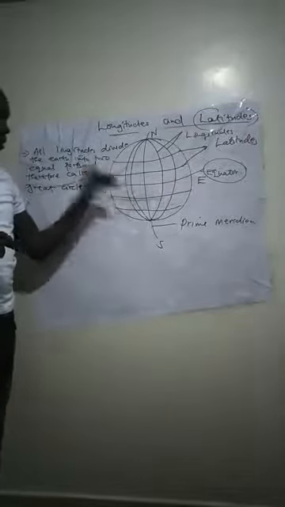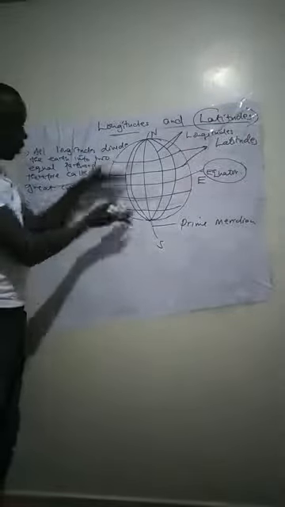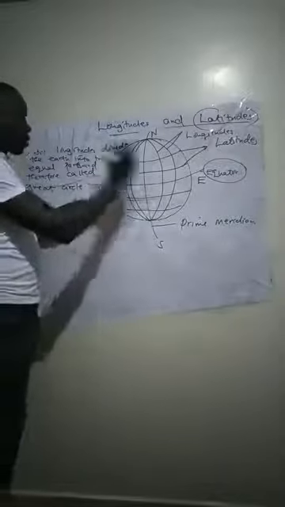In this case, it is only the equator that divides the earth into two equal parts. Of all the latitudes running from west to east, it is only the equator that divides the earth into two equal parts.